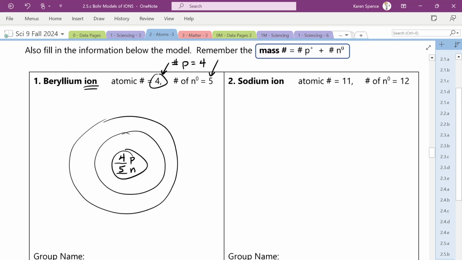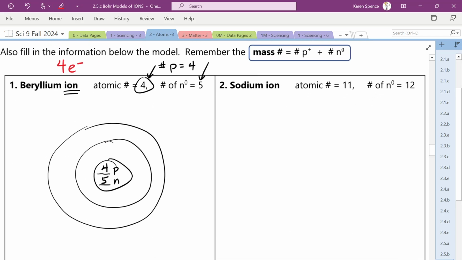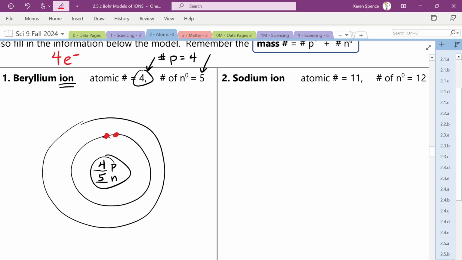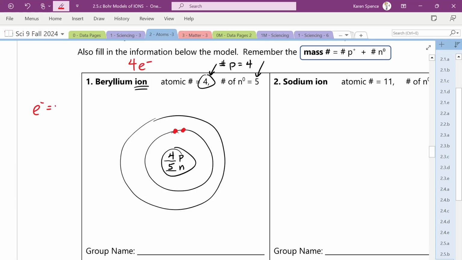And the beryllium atom, 4 protons, therefore we're also going to have 4 electrons. So we're going to put in 2 in the first shell. 1, 2. Oh, wait, so the electrons and protons are always the same? Electrons and protons in an atom are always the same. Okay? Electrons equal protons in an atom. When we change it to an ion, that changes. Okay? But we're going to draw the atom first. Okay? So here's our atom.